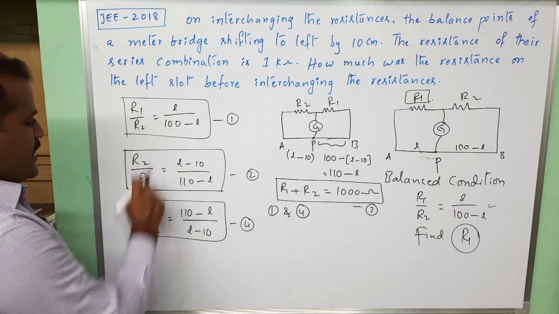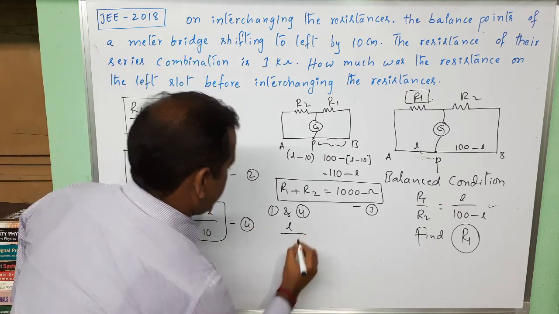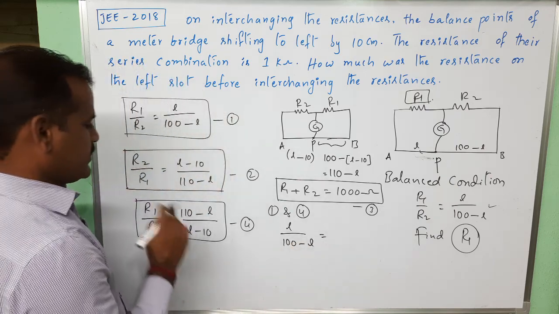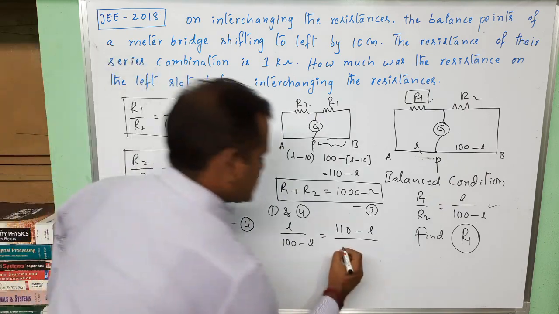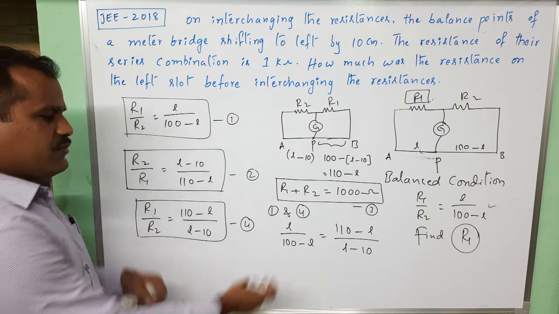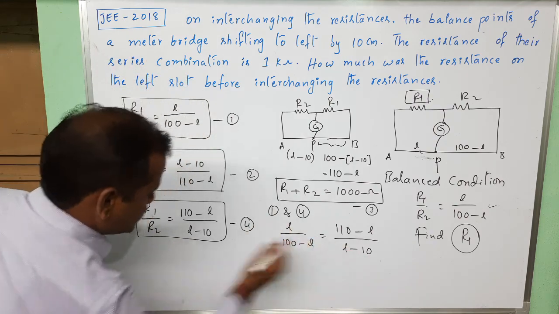That means R1 by R2 equals R1 by R2, so L divided by 100 minus L is equal to 110 minus L divided by L minus 10. Let us solve this for the value of L. Let us cross multiply these two.